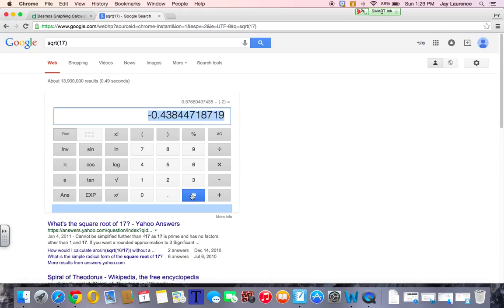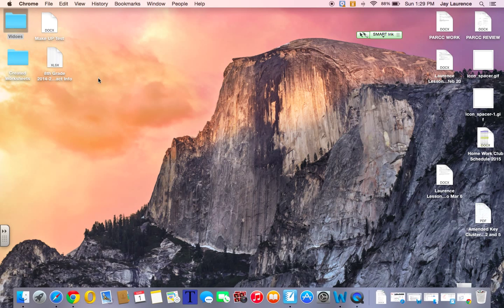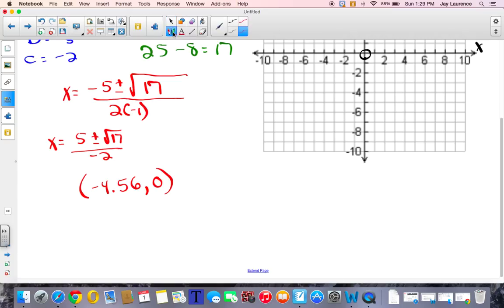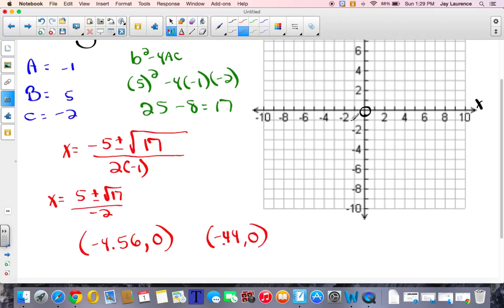And there we go. We get negative 44 hundredths roughly. Okay, negative 44 hundredths. So we're going to get negative 44 hundredths as the other 0. Right? Yeah, I don't think I've made a mistake.